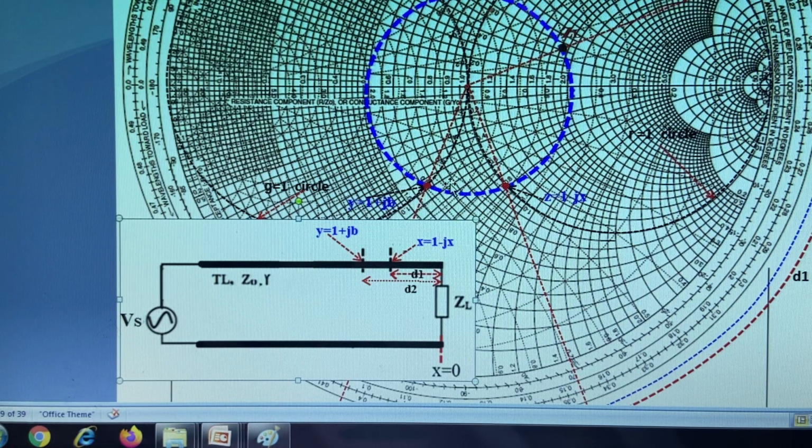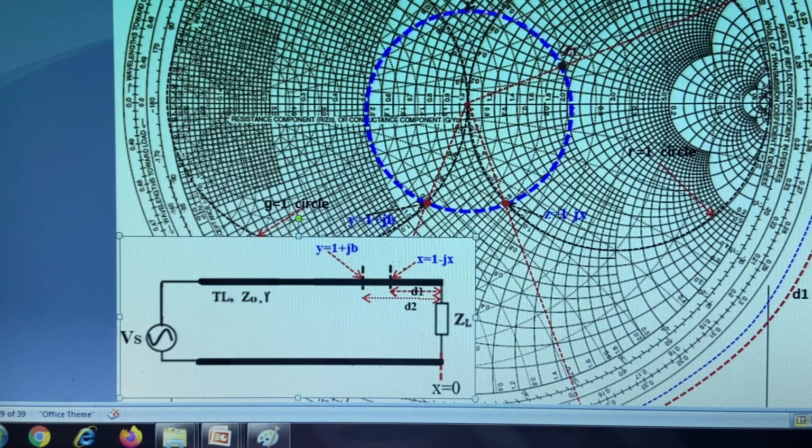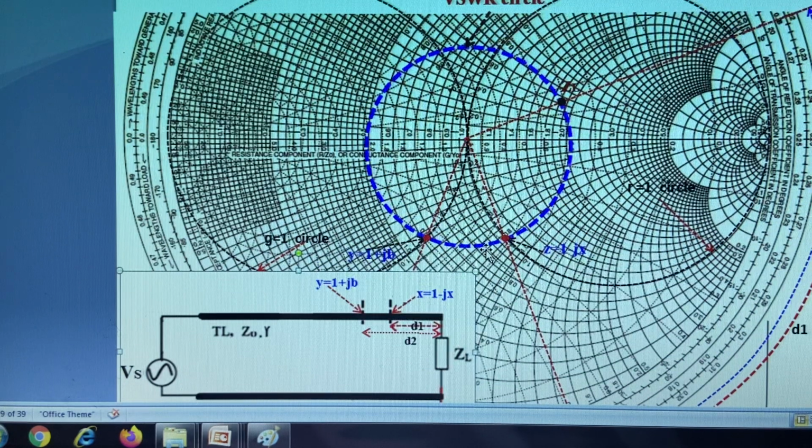Similarly, impedance also we can find out in this form, that is, the real part is equal to 1. So this is the z value, this impedance. We can read that from the Smith chart.